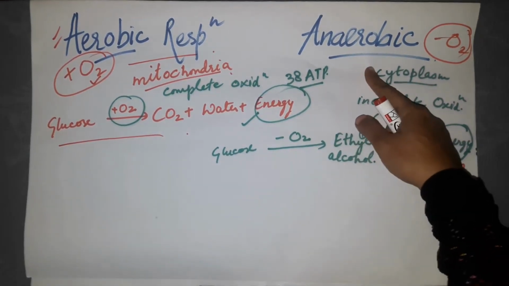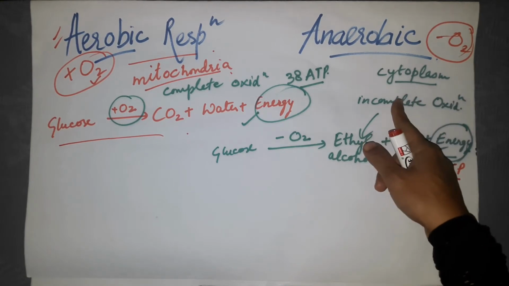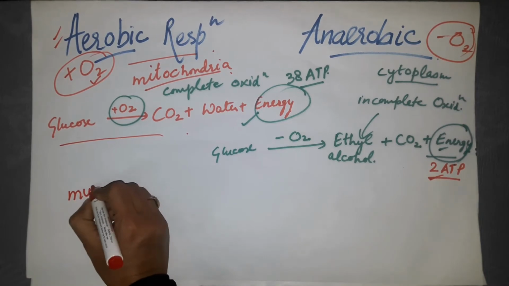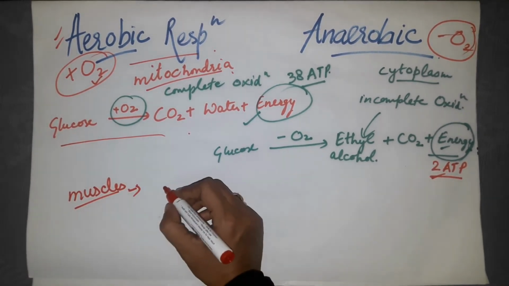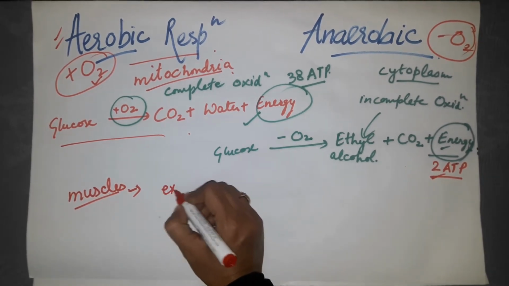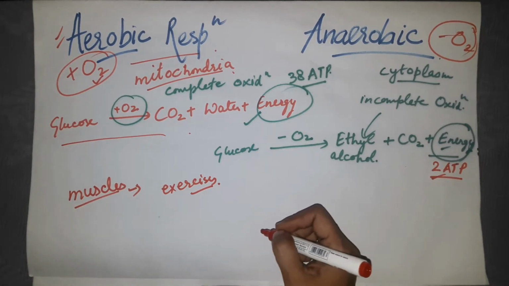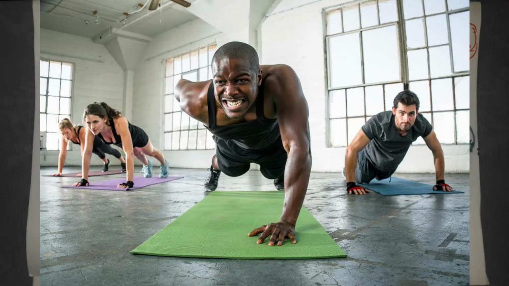Apart from the unicellular organisms, bacteria, yeast and parasitic flatworms, anaerobic respiration also takes place in the muscles. When we do vigorous exercise, muscular activities, running or any heavy exercise where more energy is needed, what happens then?